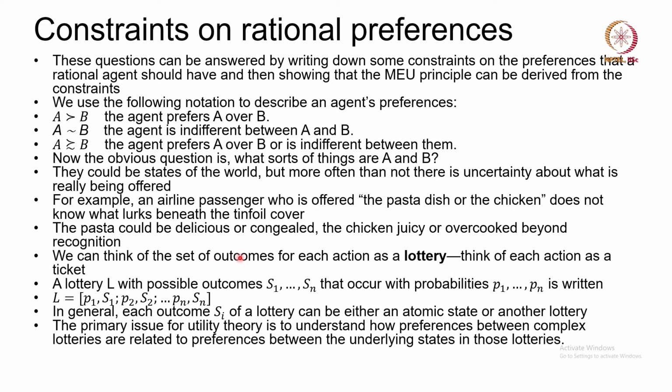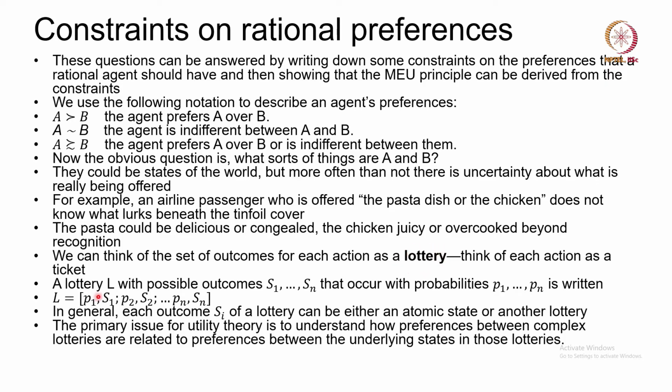And each of these outcomes will have a probability which is associated with it. So we can look at this for every action. If you look at the entire set of outcomes along with the probabilities of each of them, it is known as a lottery.